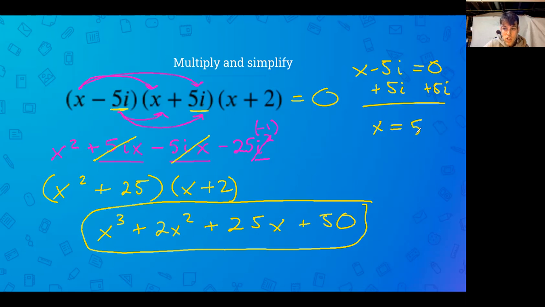It's going to be an imaginary number that is a 0 for this polynomial. Likewise, this one would also give me another 0 of negative 5i, and this one would give me a 0 of negative 2. So I have 3 zeros to this particular polynomial, only one of which is actually a real number, and 2 which are, in this case, imaginary numbers, purely imaginary because there's no real component to it.